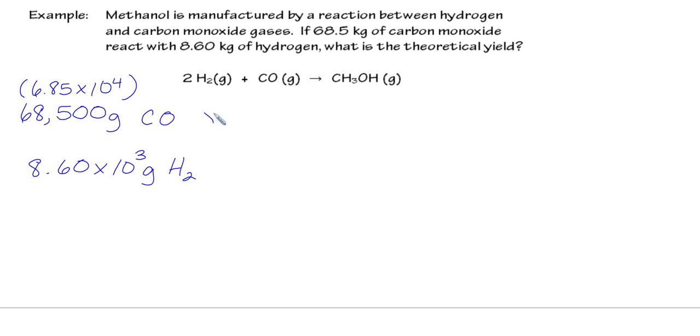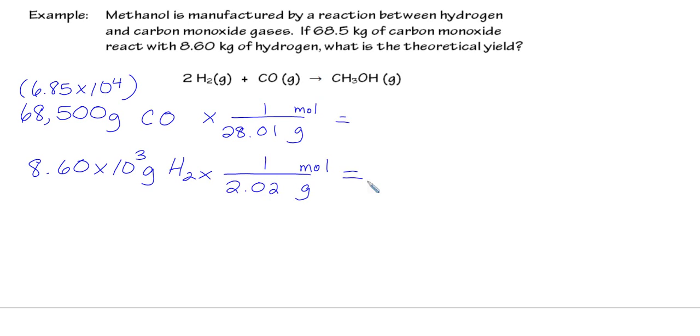My next order of business is I need to get these out of grams and into moles. 1 mole of carbon monoxide is about 28.01 grams off the periodic table. The hydrogen's diatomic, so the mass will be 2.02. All right, so we'll plug these in our calculator. We're still going to get some large numbers.